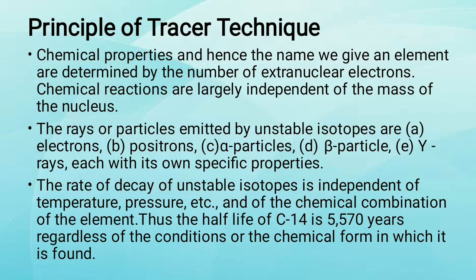The rate of decay of unstable isotopes is independent of temperature, pressure, etc., and of the chemical combination of the element. Thus, the half-life of C14 is 5570 years regardless of the conditions or the chemical form in which it is found.